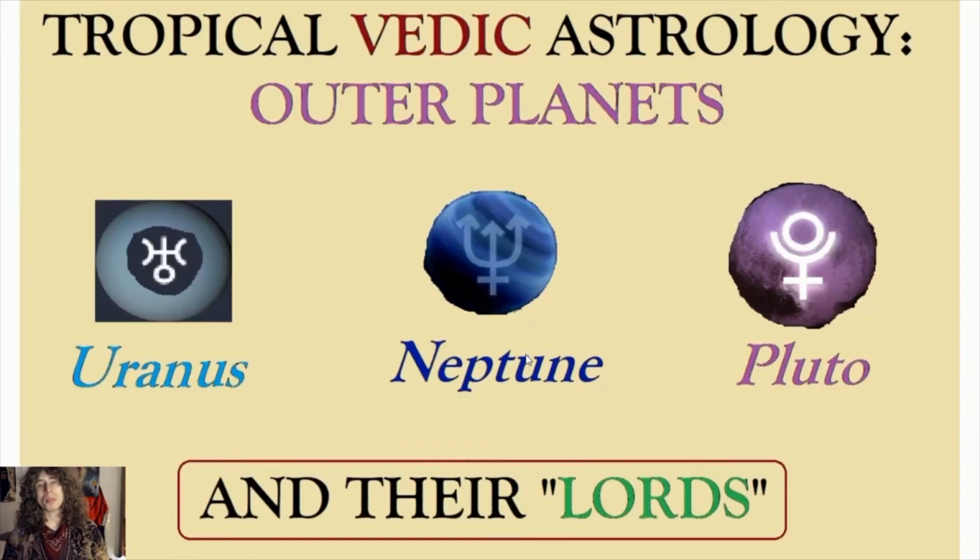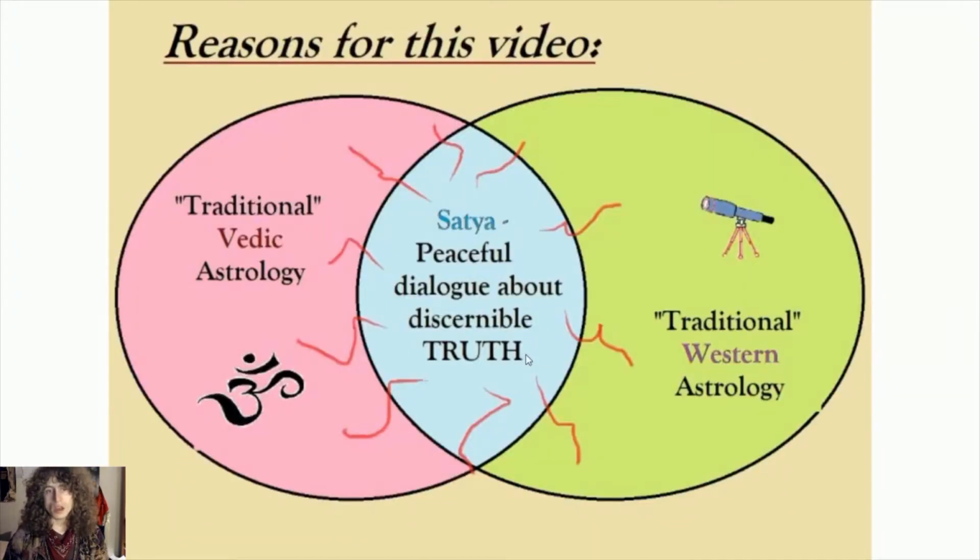This is, again, part of our Tropical Vedic Astrology series, talking about bringing the idea of the outer planets from Western astrology and integrating the idea of the Vedic house and lord as they relate to these outer planets. Basically what I'm doing here is combining traditional Vedic astrology interpretation methods with traditional Western astrology.